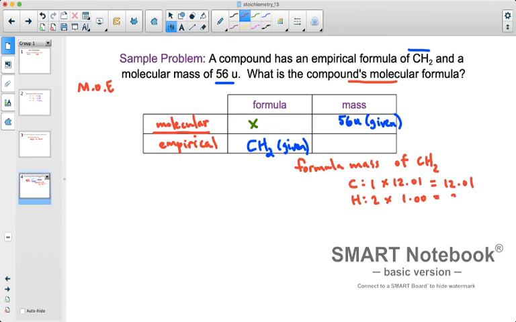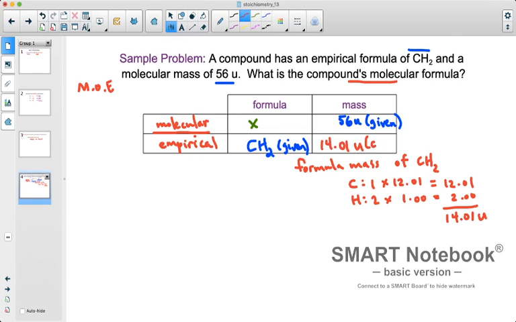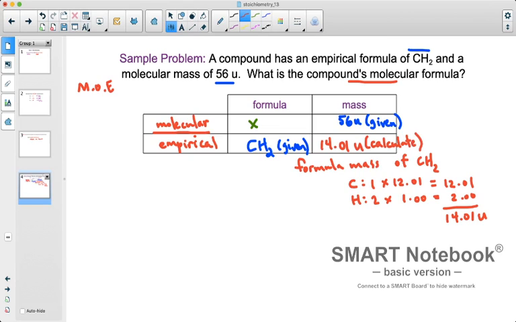When I do this correctly, multiply across and then add going down, I now have 14.01, and the unit happens to be atomic mass unit. So that's something I actually have to calculate, but I can put it into my table once I calculate it. And the table reminds me that I need to calculate it because I have this open space. I can only have one variable, and that's where my x happens to be. So in some of these problems, you're going to have to actually calculate the mass of the empirical formula.